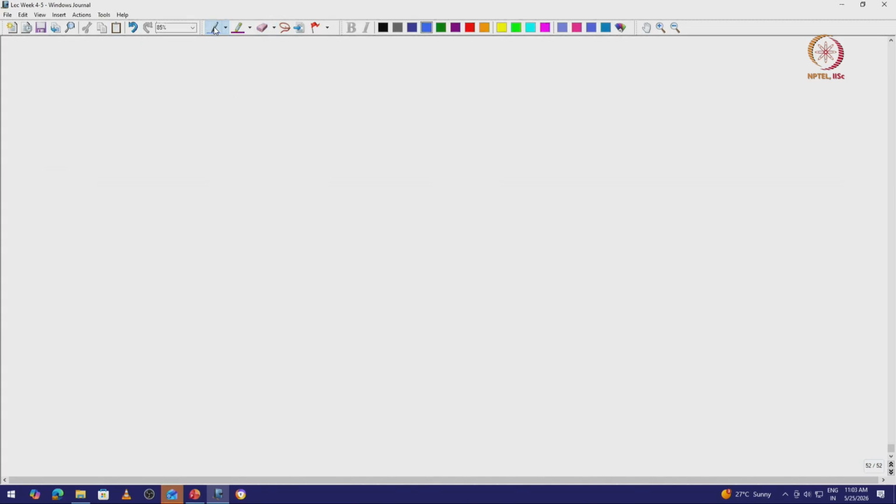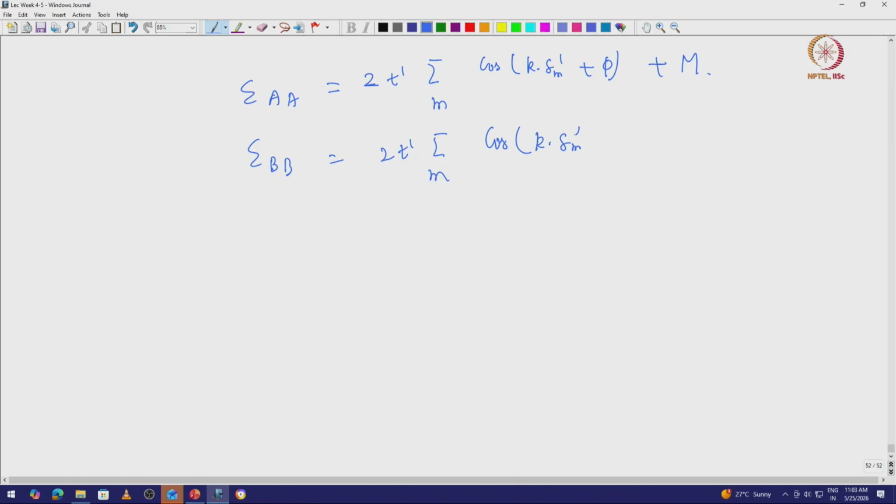AA will be 2 T prime cosine k dot delta m plus phi plus m, whereas BB would be minus phi minus m.